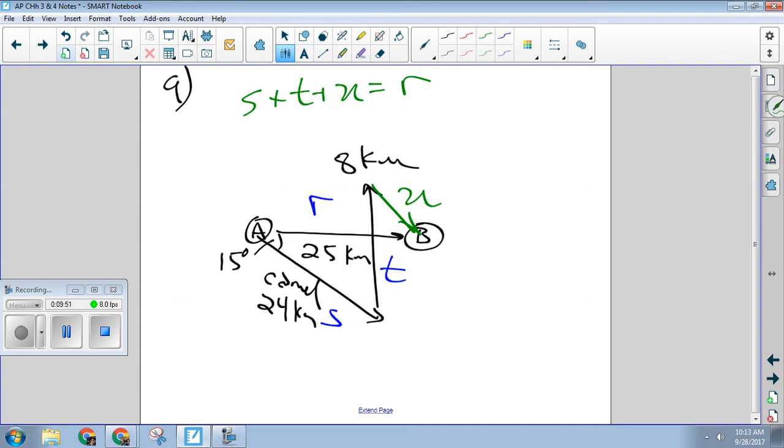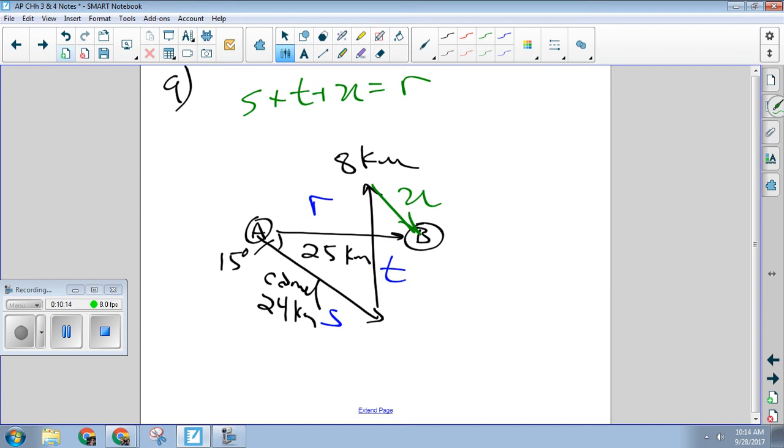Yeah. I interpreted it as how far from the oasis to the camel. So whatever, that's six of one. So I did negative R plus S plus T equals U, but my U pointed the other direction from what you guys did. But it's the same idea. All right, are we good?